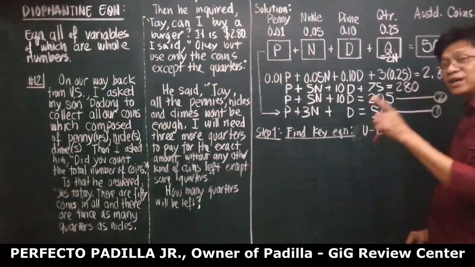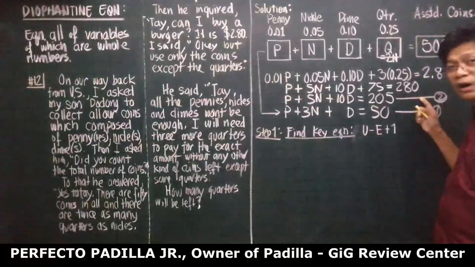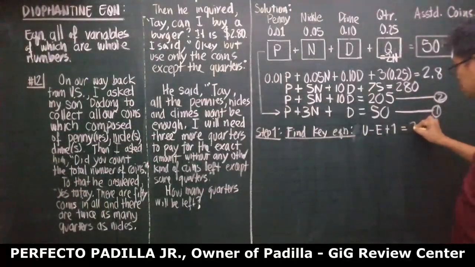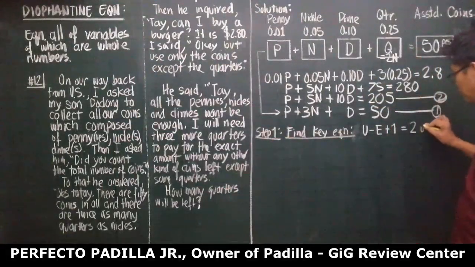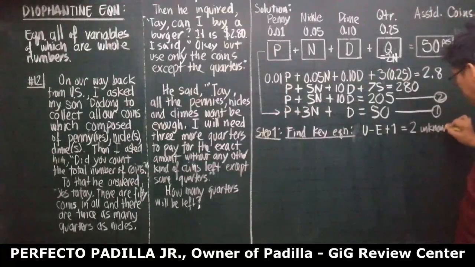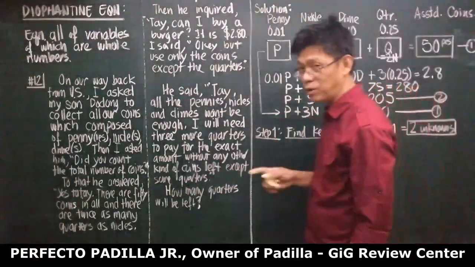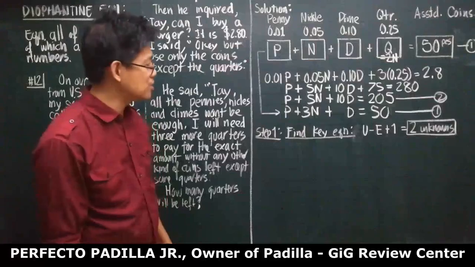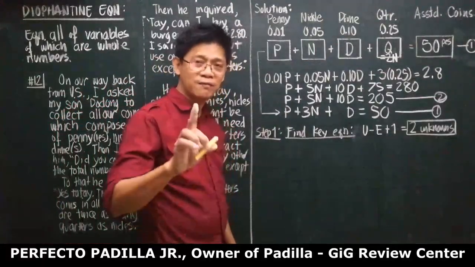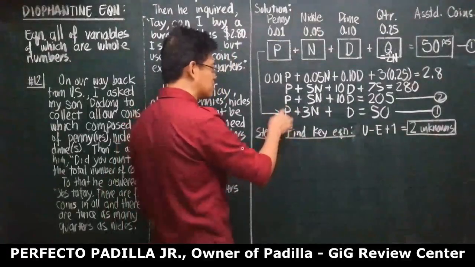So, ilang equation ang kulang? 3 unknowns minus 2 equations, 1, plus 1, this is 2. The key equation contains 2 unknowns. Ito yung characteristic ng key equation. It is with 2 unknowns. Equations 1 and 2 both have 3 unknowns. So, hindi sila key equation. Correct? Pero I can find one equation with only 2 unknowns by working the 2 equations.